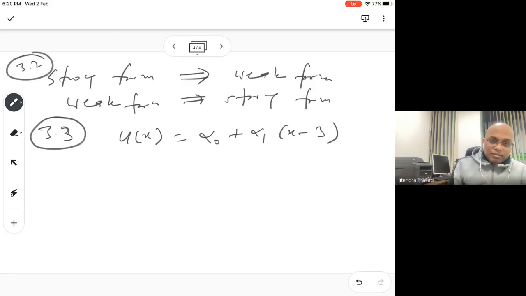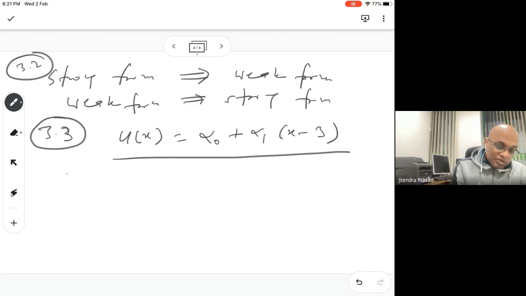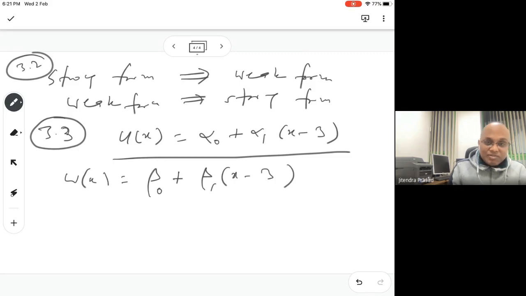Okay, if there is no question, this 3.3 says a trial candidate solution will be of this form, and a weight function of the same form. So w(x) is of the same form, beta naught plus beta 1 (x minus 3), which is a weight function. Now obtain a solution to the weak form in problem 3.1. So whatever we worked on in 3.1, it is asking you to solve this.